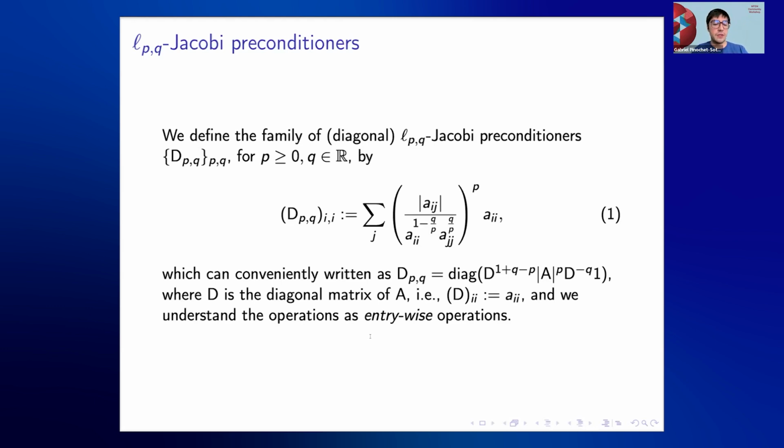So the main idea is to generalize them to a family of preconditioners and see if these preconditioners yield similar properties. What we're doing here is taking the diagonal elements of our matrix and reweighting them with some sort of P norm, and the off-diagonal entries are also going to be reweighted in terms of the diagonal entries, given by these coefficients.